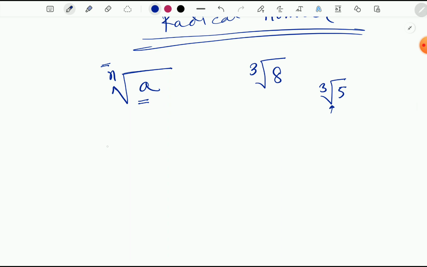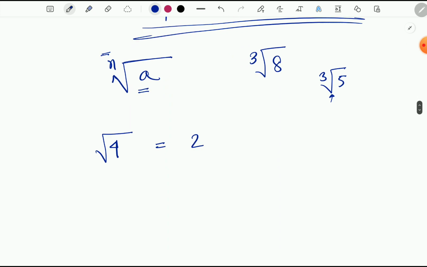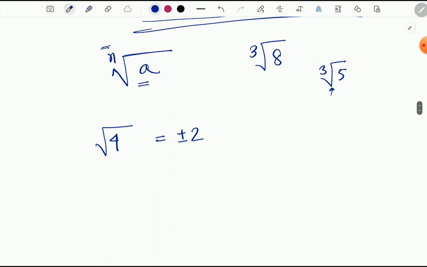Square root of 4 we know 2. Is that right? Most of you, I think all of you, isn't right that square root of 4 equal to 2, because we have to put positive and negative sign. Why? Because we can get 4 two different ways. Plus 2 whole square will give us 4.